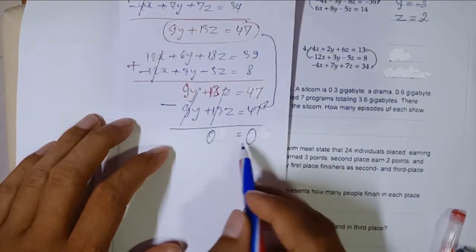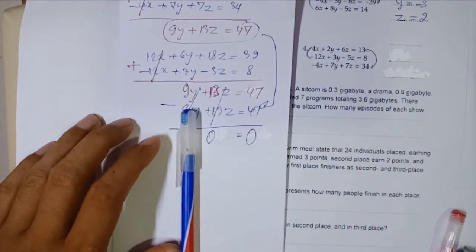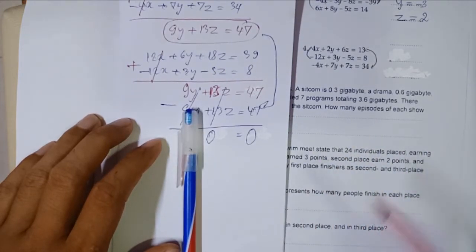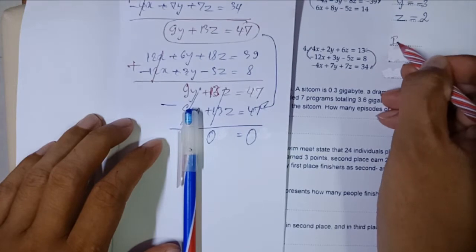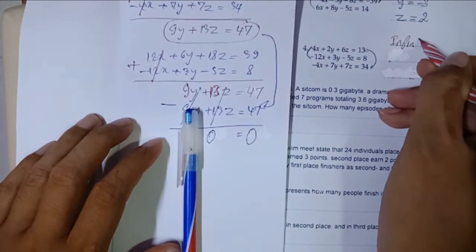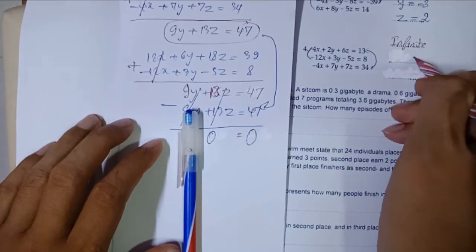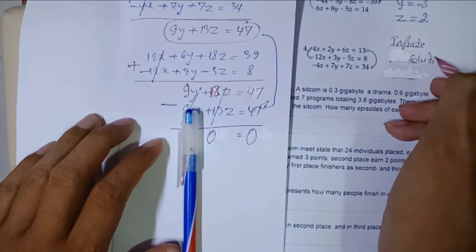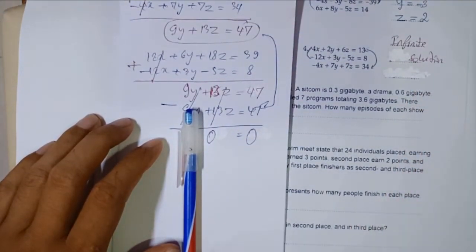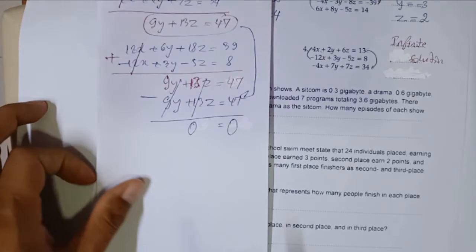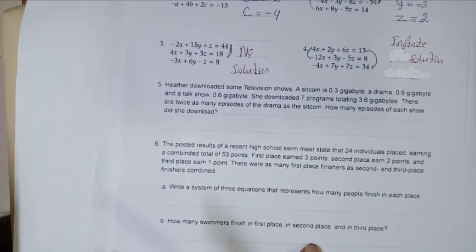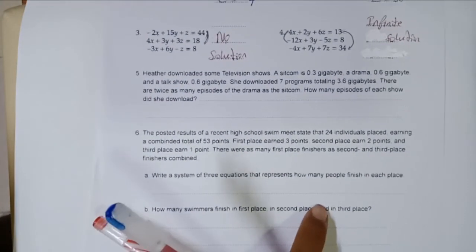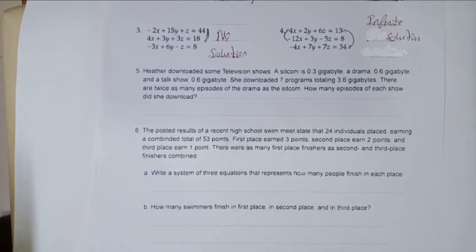So now when this happens, the answer to this system is going to be infinite solution. Infinite solution. Okay, we have 2 more numbers to go, which is number 5 and number 6, word problems.